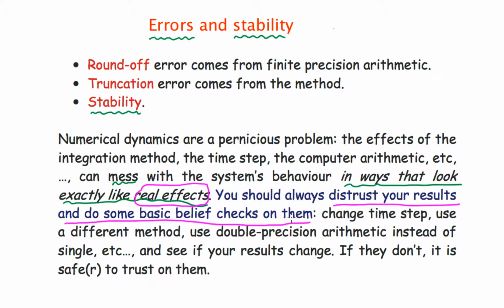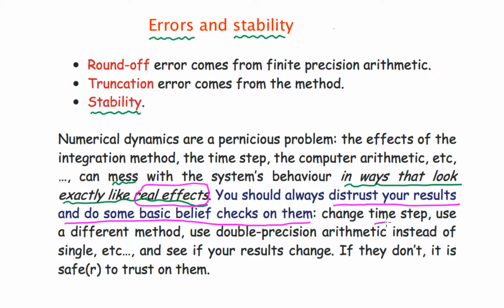What does it mean to do sanity checks? Basically it means to change something and see if the results are still there, if you're getting the same or very similar results just changing something in the previous approximation.